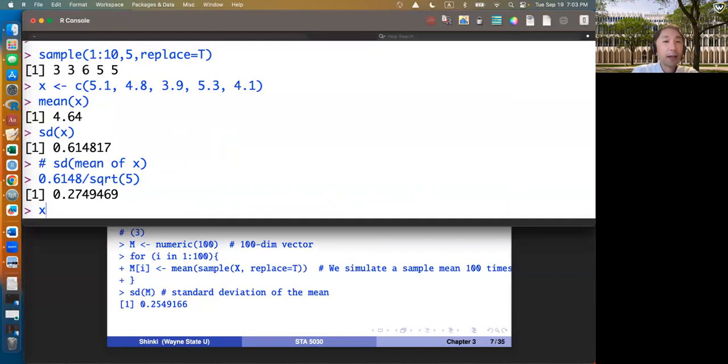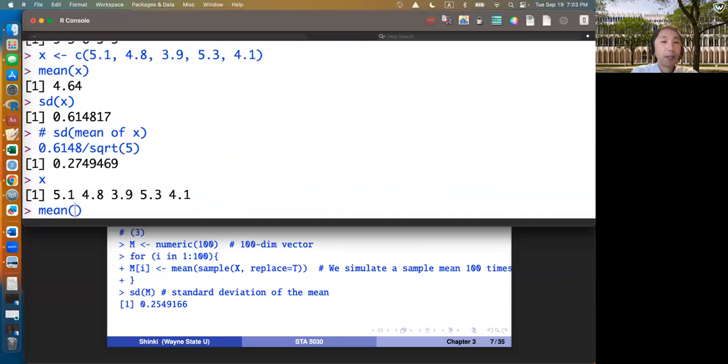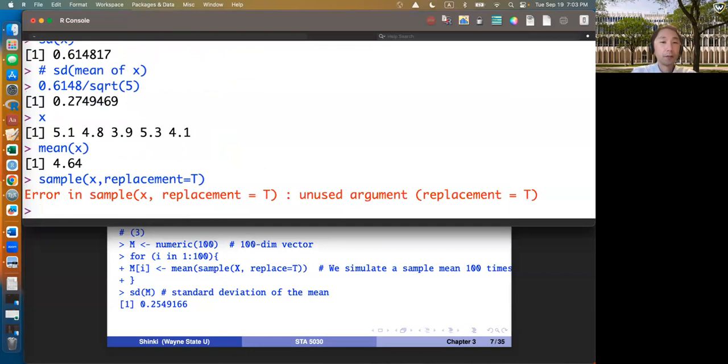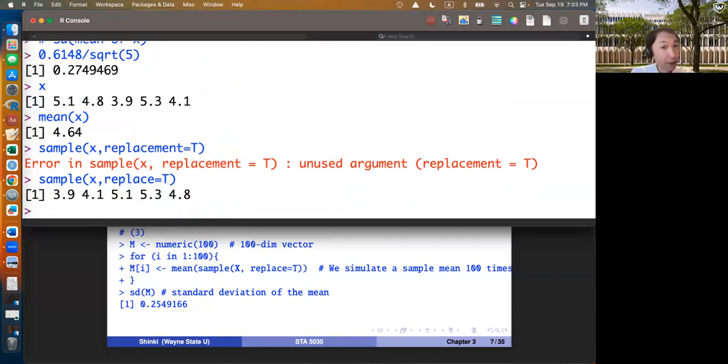So we have X, right? Then the mean of X is the mean of X, but basically we sample from X with replacement true. I think actually this should be replace. So we have 5 observations like this.